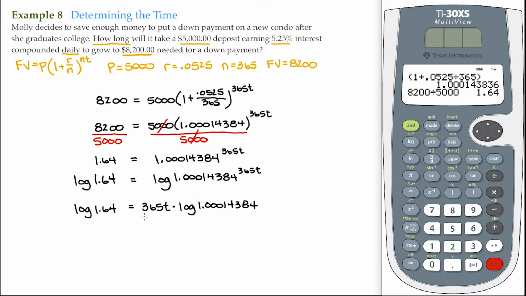Using algebra again, I'm going to divide both sides by 365 times the log of 1.00014384, and I'll do it on this side too. So the 365 will cancel, and of course the logarithm will cancel, leaving us with t.